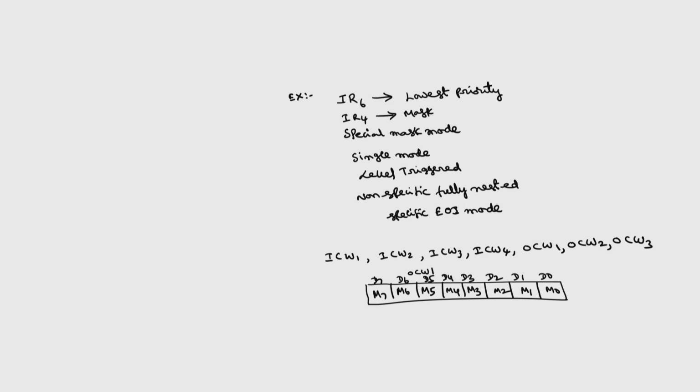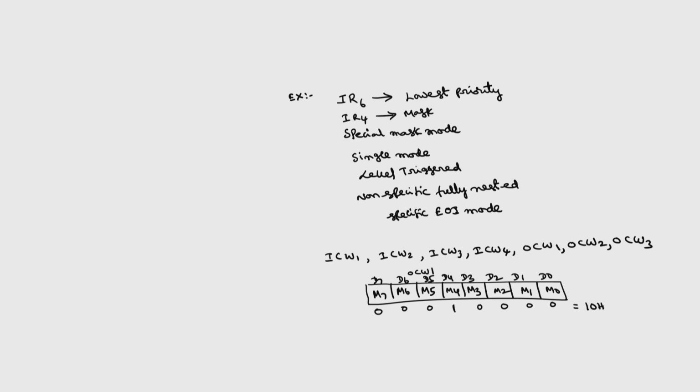I want to mask only IR4. So the bit corresponding to IR4 will be 1, and the remaining will all be zeros. So the hexadecimal equivalent will be 10H.